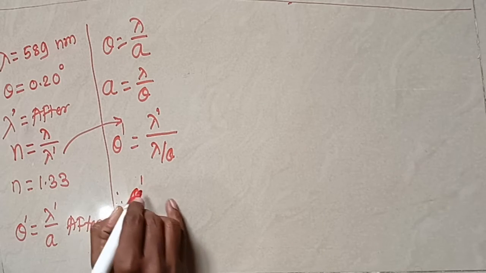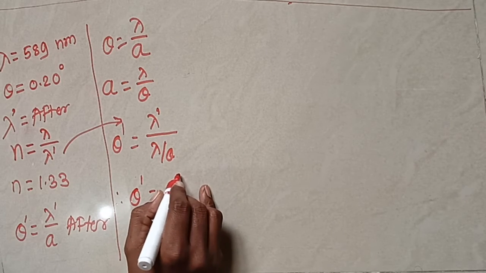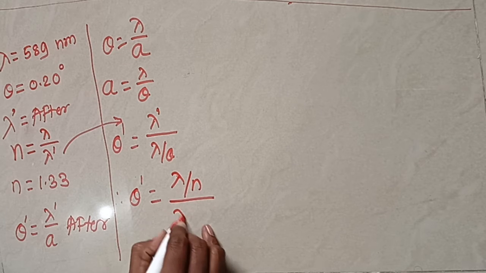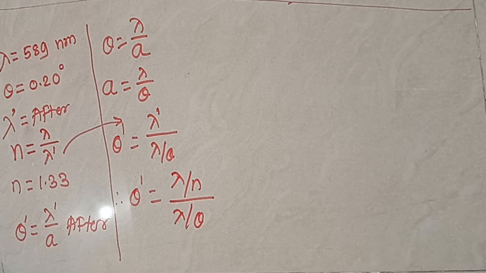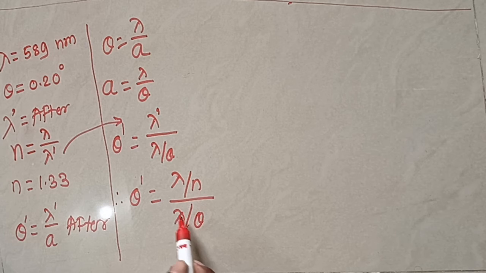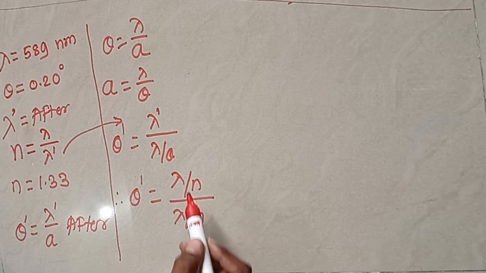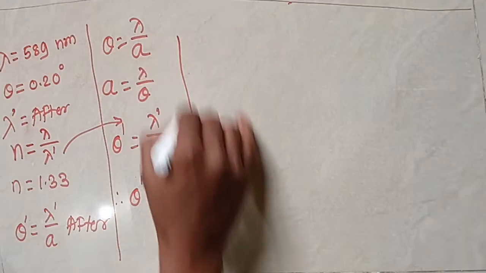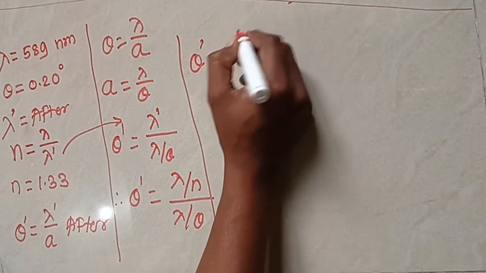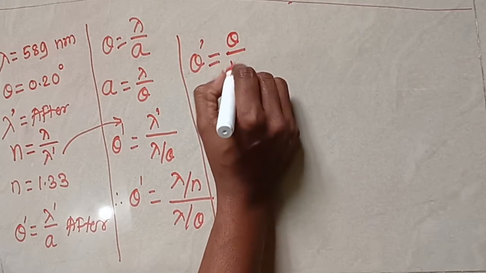Therefore theta dash is equal to lambda upon n divided by lambda upon theta. Here lambda gets cancelled. The remaining is 1 upon n divided by 1 upon theta, so we get theta upon n. So this formula becomes theta dash is equal to theta upon n.